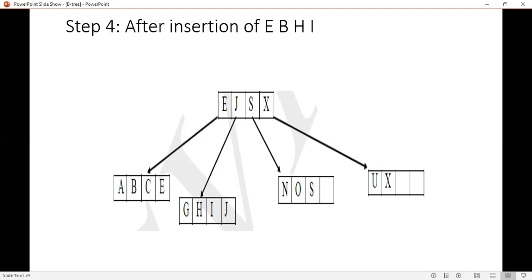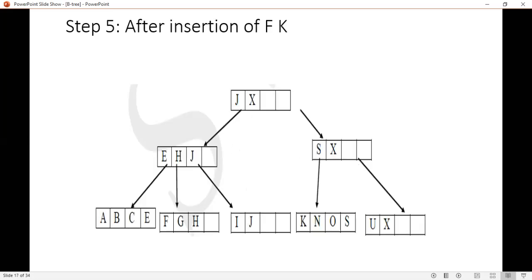That is, one node you can split as F, G, H, and one more is I, J. Okay, here you can see that F, G, H is the second node and I, J is the third node, and H you are sending to the root node, and J to its root node.